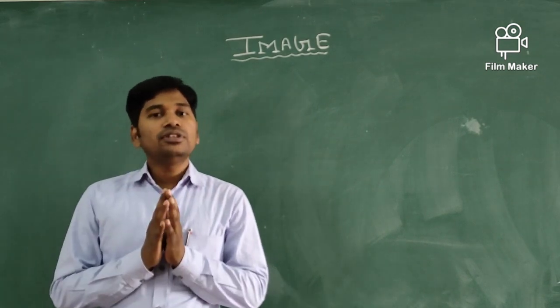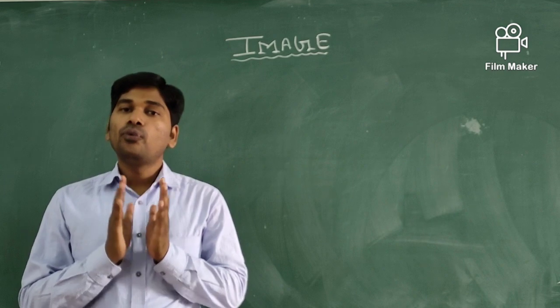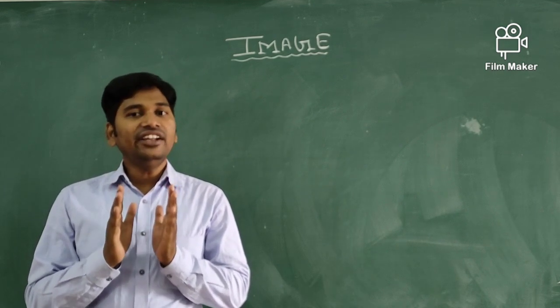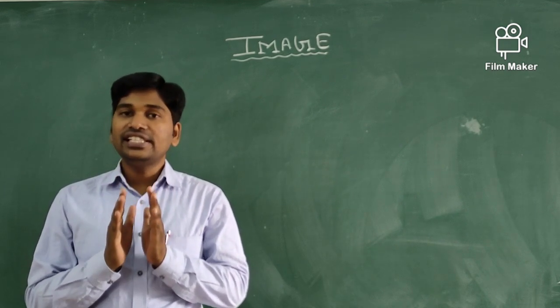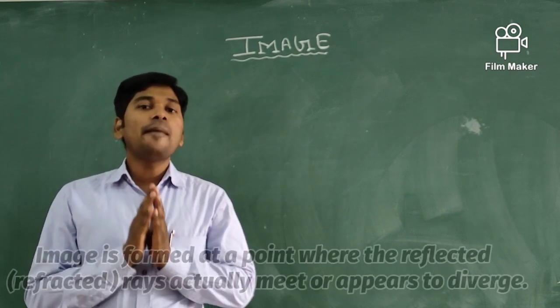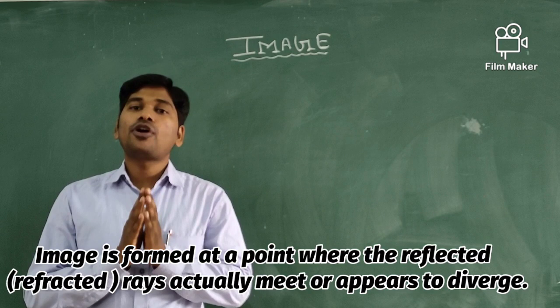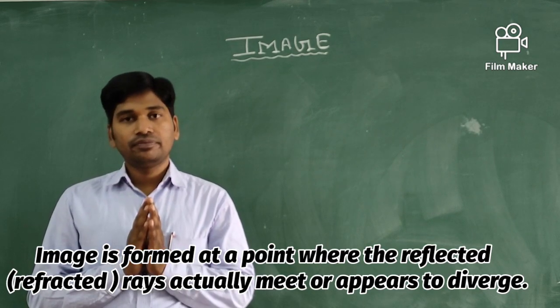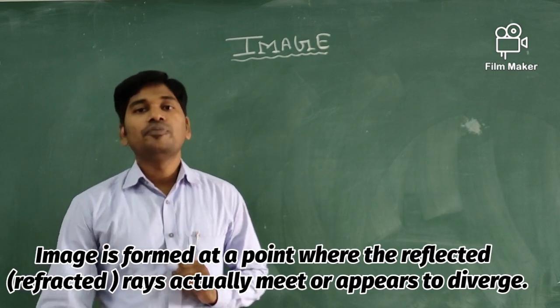Image is formed at a point where reflected or refracted rays actually intersect or appear to diverge from that point. Let us see how.